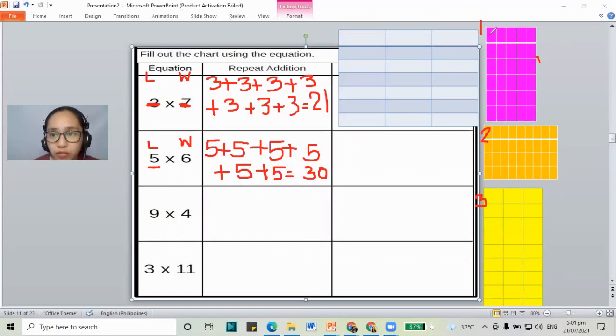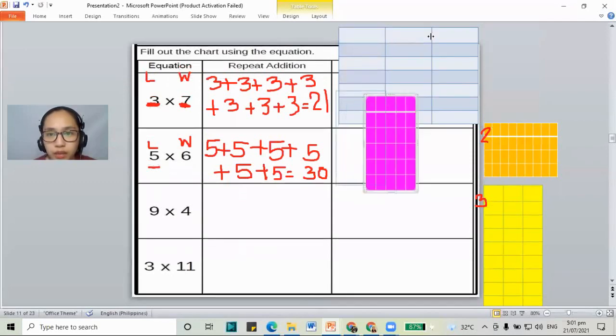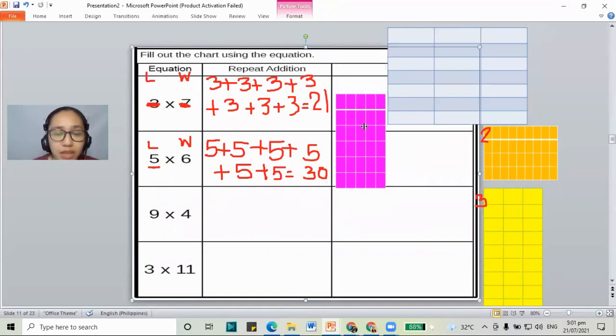This one, you get 5 squares in the row, and there's 6 of them going down for the column. How about we put this one in here? So it will not fit. Let's try to put it here. So that's an example on how to draw the array for 5 times 6.